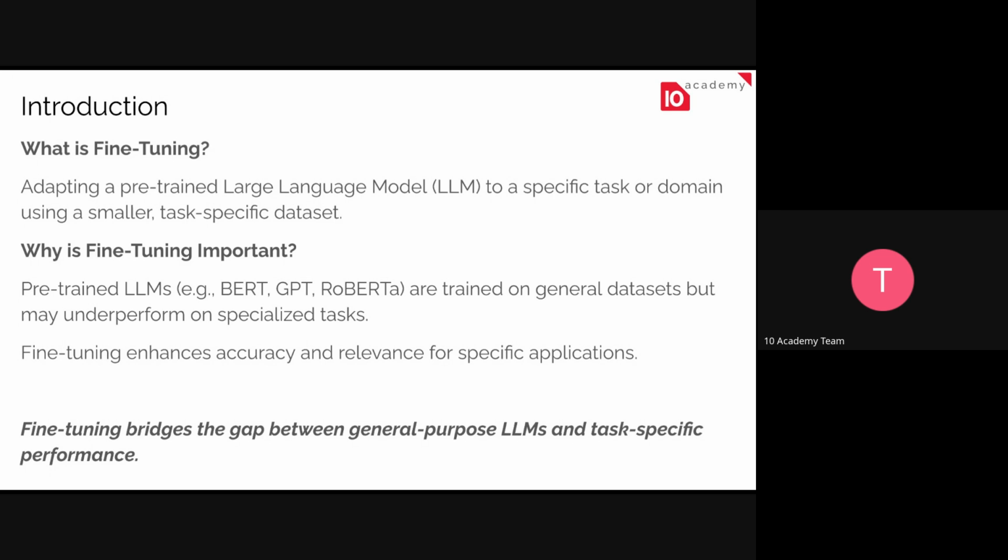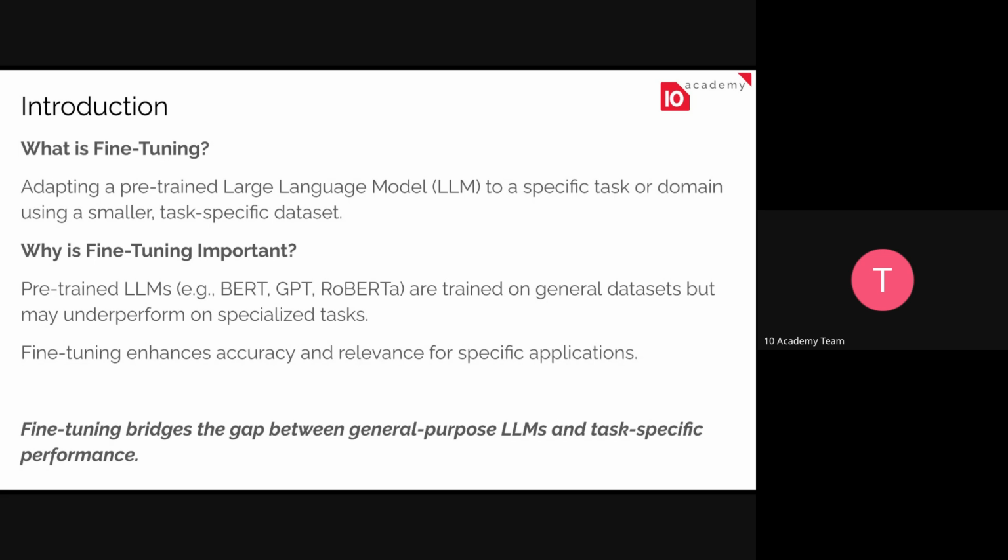So why is it important? Pre-trained LLMs like BERT, GPT, RoBERTa, and so on are trained on general data sets, but many may underperform for specialized tasks. For example, a lot of them have been trained on a lot of code, which is why they are really good with code and stories, but they may struggle with engineering tasks.